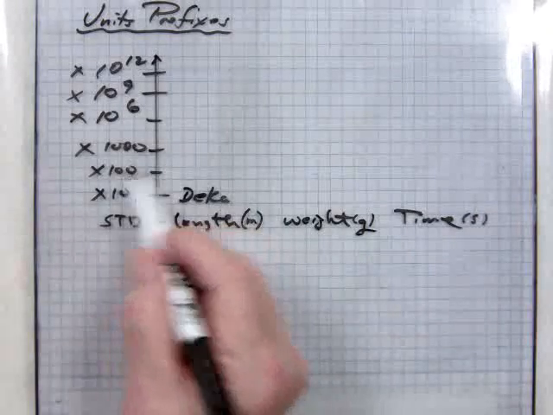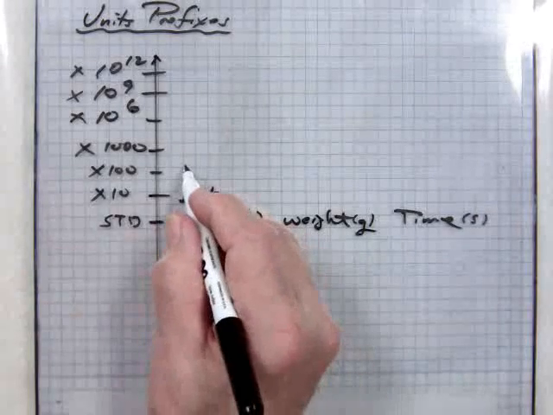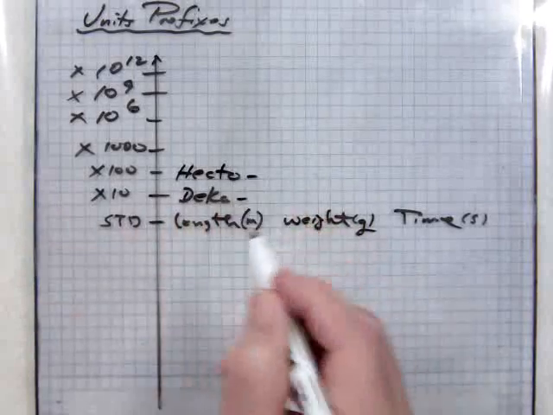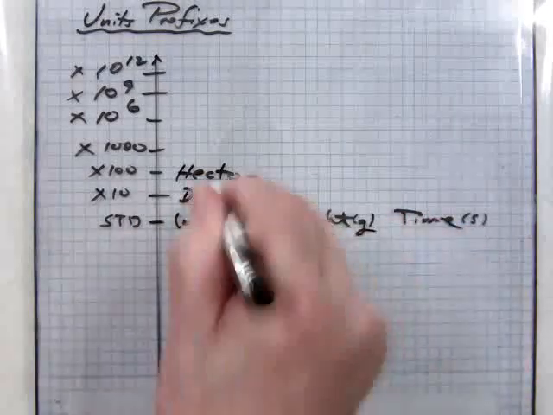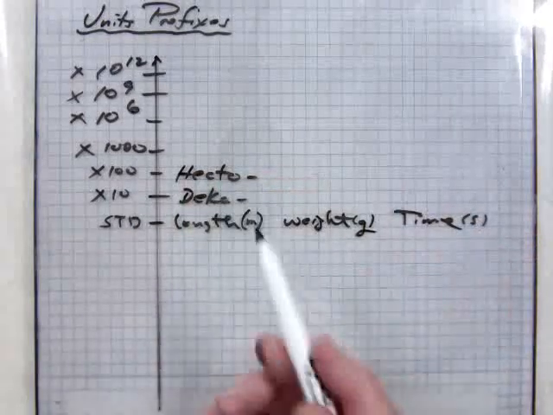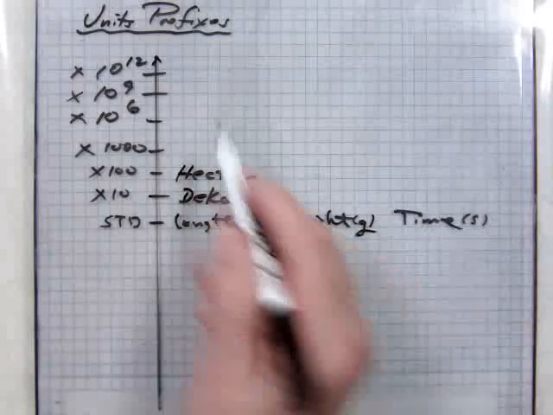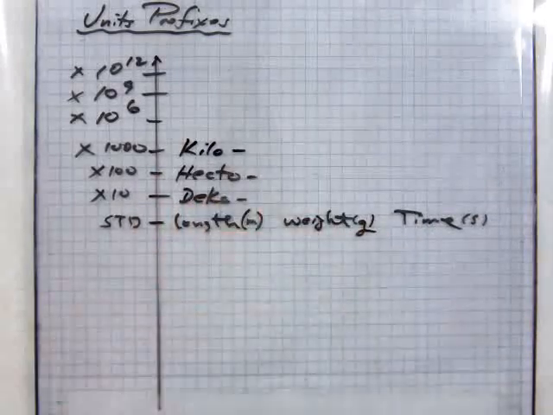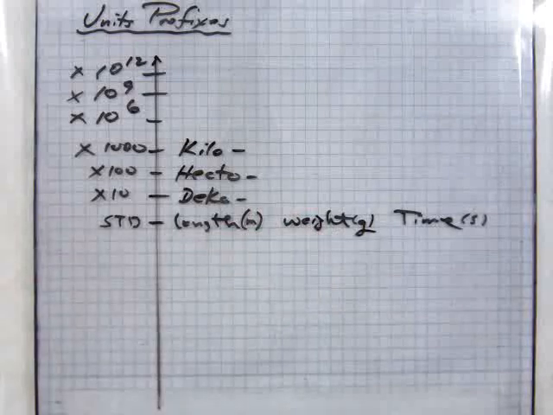And if we're talking about 100s, it's hecto. So it's hectometer, or hectogram, or hectoseconds. And if we're talking about a hectometer, that's 100 meters, or 100 grams and 100 seconds. 1,000 is kilo as a prefix, and you know kilograms, so it's 1,000 grams.